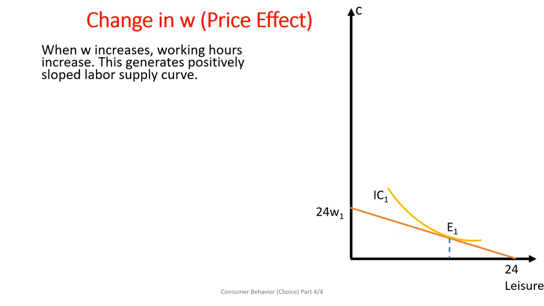Let's see it from the diagram. Initially, the consumer is in equilibrium at point E1. His choice of leisure and work hours can be seen from the x-axis. Now let's assume that wage rate increased to W2. This resulted in rotation of the budget line.